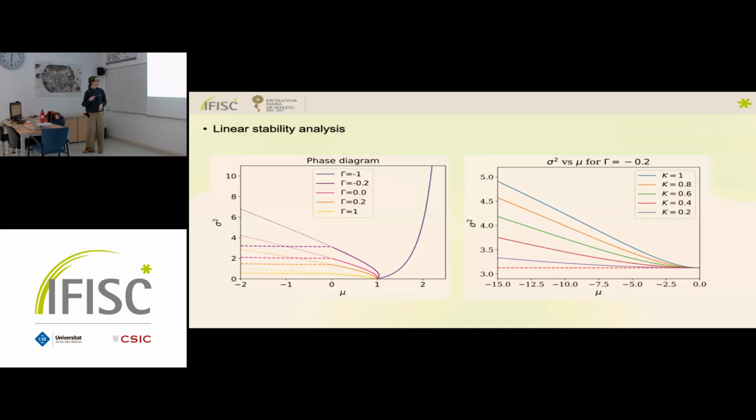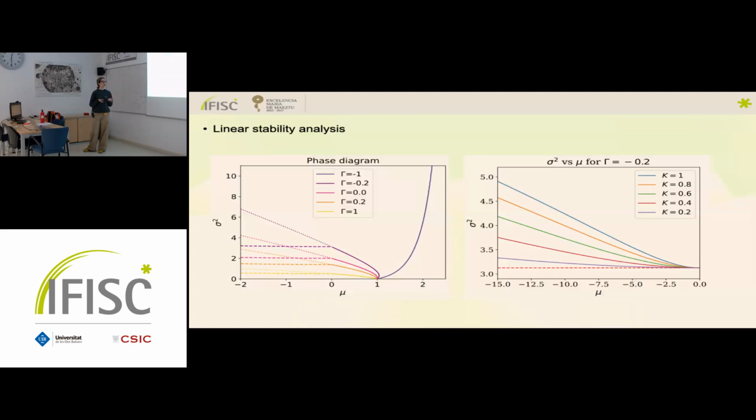And the interesting thing, at a first glimpse, when we first found this phase diagram, it looked like nothing changed between the case K equal to 1 and K equal to 0, so that nothing changed from the Lotka-Volterra system in which all the carrying capacities are equal to 1.